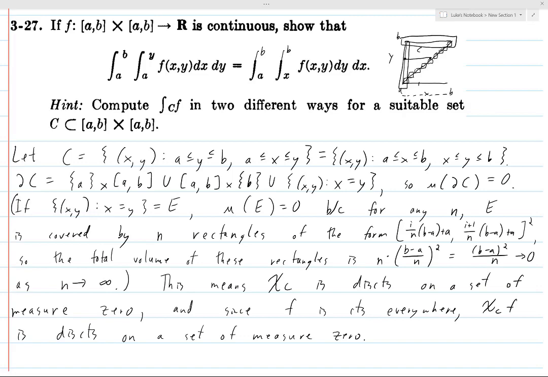So we want to jump to that, but there's something that you need to remember, and that is that you need these functions to be bounded. That's important. Chi C and F are bounded. So chi C is obviously bounded because it only takes on the values 1 and 0. F is bounded because F is a function and its domain is a compact set.